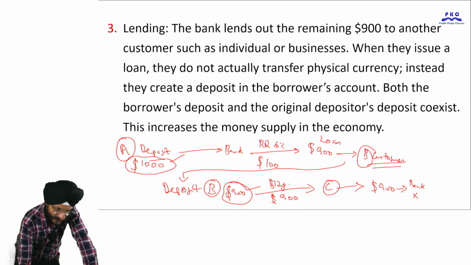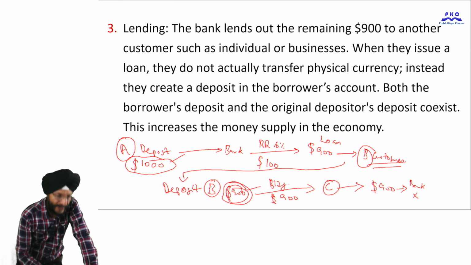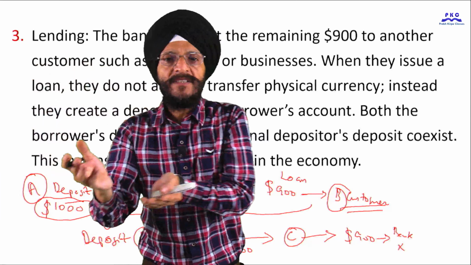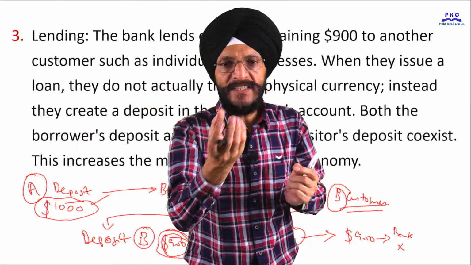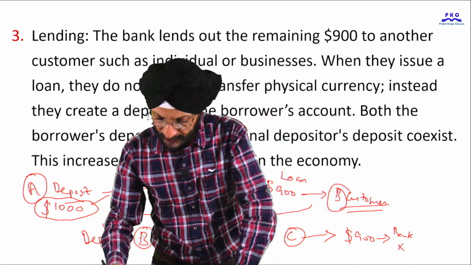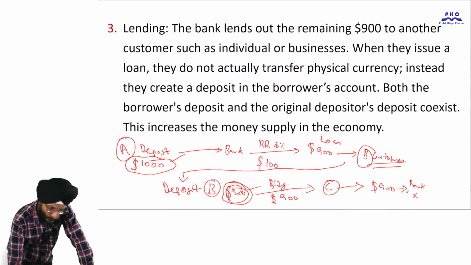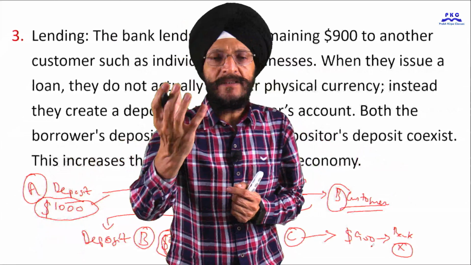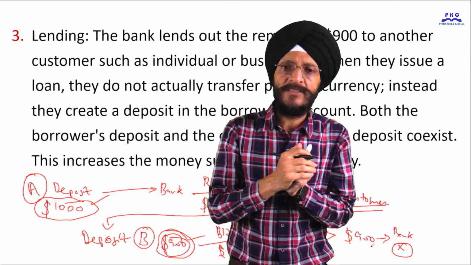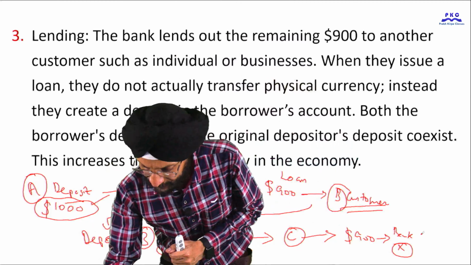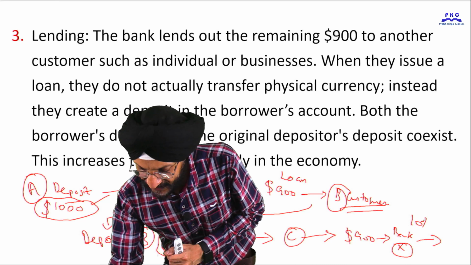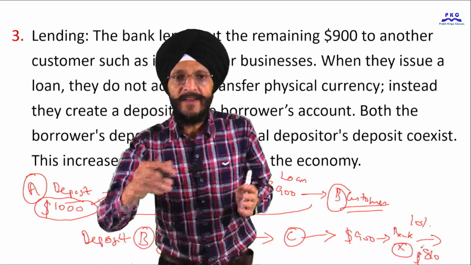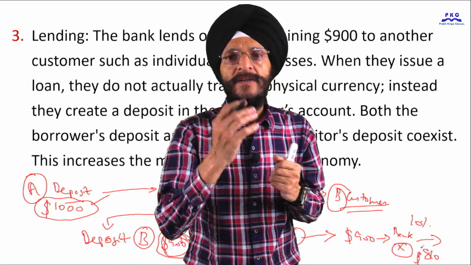So when this loan amount of $900 has been given to another person for purchasing a particular building, this amount again gets deposited in another bank X. So now the deposit of another bank increases by $900. Now that bank again will keep 10% as reserves, and they will be in a position to give a loan of $810.